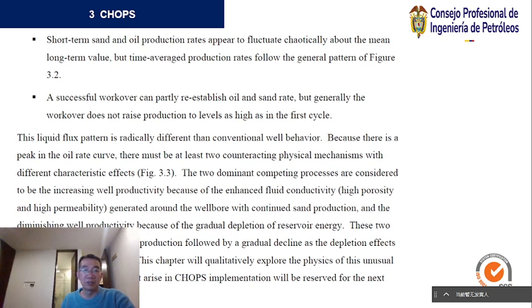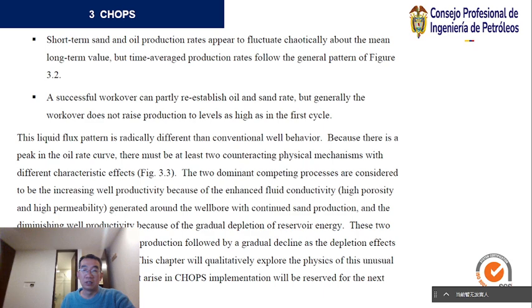Because there is a peak in the oil rate curve, there must be at least two counteracting physical mechanisms with different characters.